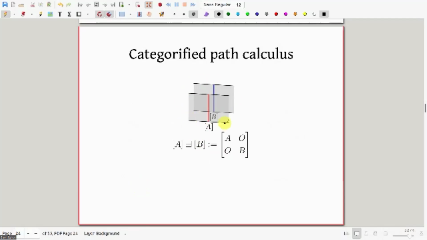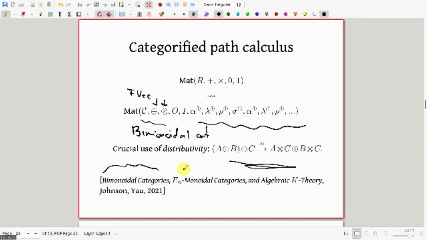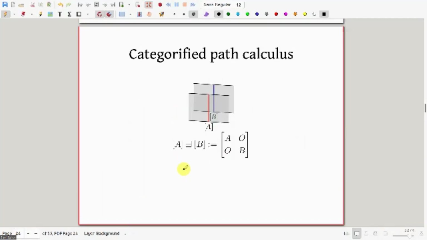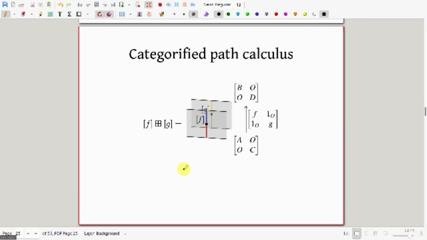This is like a direct sum of two one cells, and I'm using the square direct sum now, since the round direct sum is going to be the one inside the category. So the square direct sum is the direct sum of matrices. And that's how it looks for two cells.